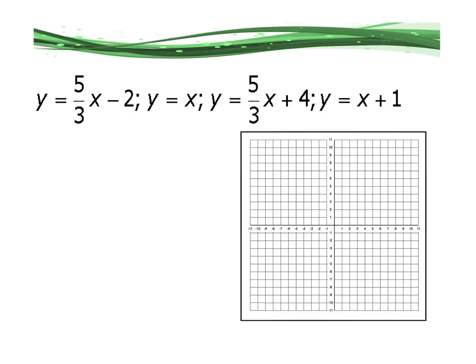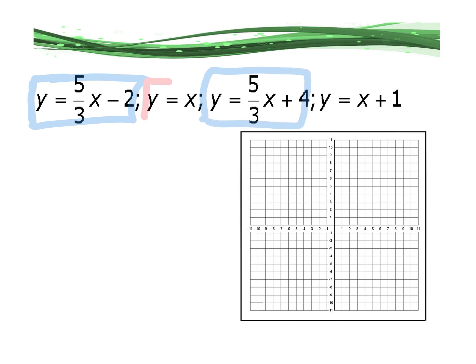So we have this example, which is y equals 5 over 3x minus 2, y equals x, y equals 5 over 3x plus 4, and y equals x plus 1. Now, just looking at the slope and nothing else, I can tell that this graph right here is parallel to this one because they have the same slope, 5 over 3.